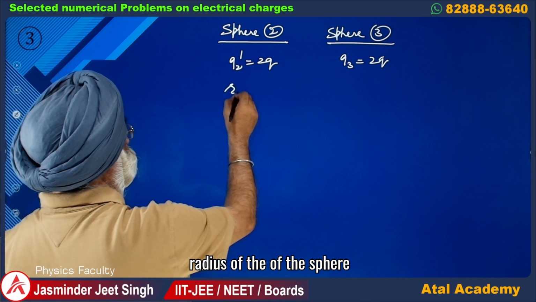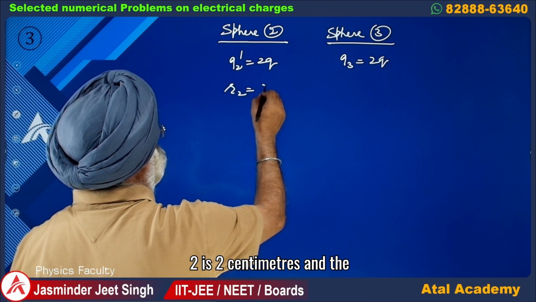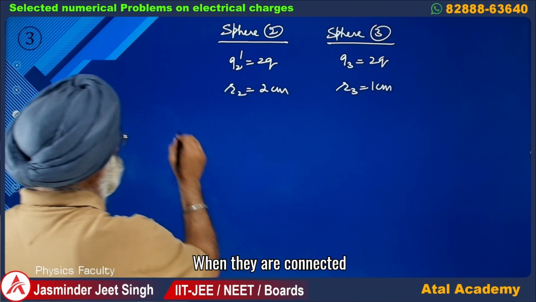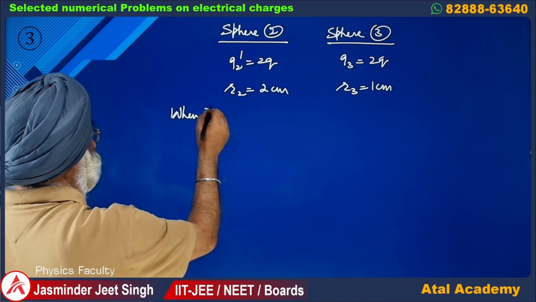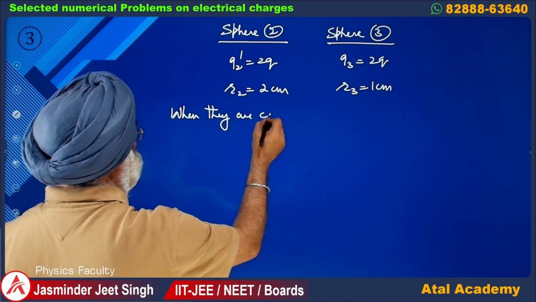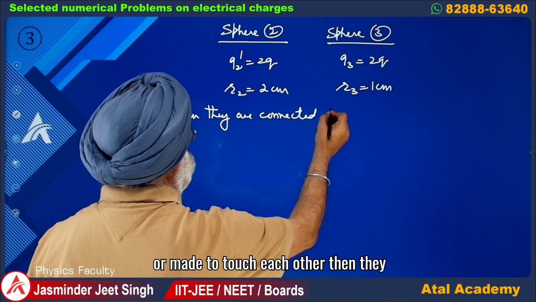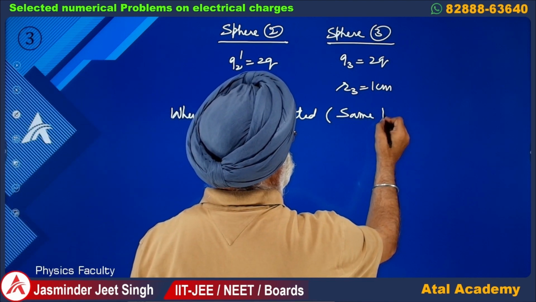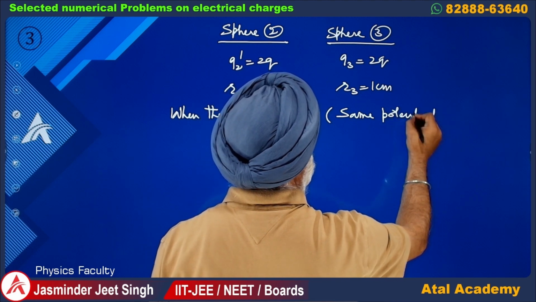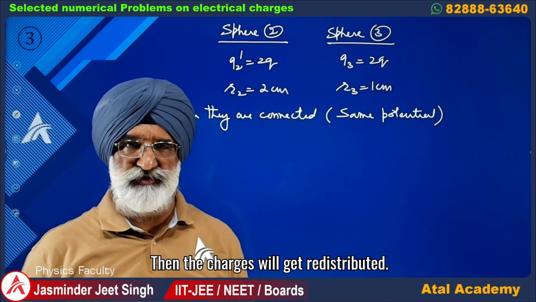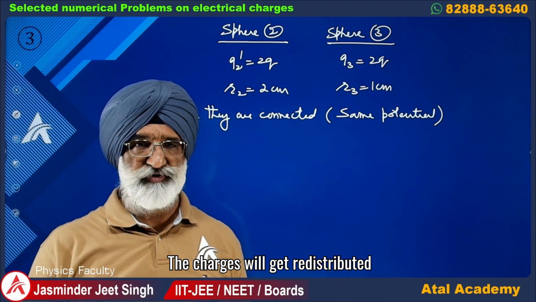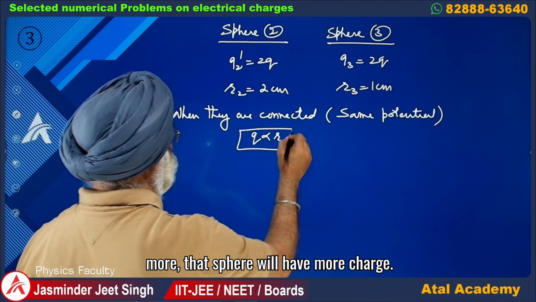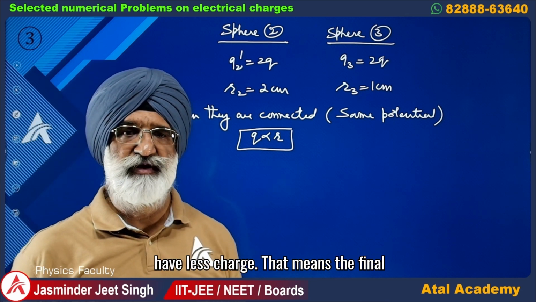The radius of the sphere 2 is 2 centimeters and the radius of the sphere 3 is 1 centimeter. When they are connected, or made to touch each other, then they will acquire same potential. Then the charges will get redistributed according to the radiuses. If the radius is more, that sphere will have more charge. If the radius is less, that sphere will have less charge.